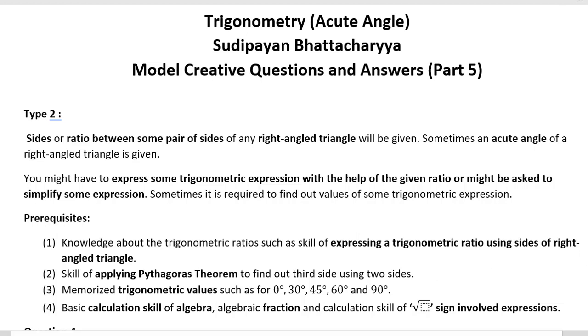You may have searched on YouTube for different techniques to remember these values. So you must know that sine 30 degree equal to half, cos 30 degree is equal to root 3 by 2, tan 45 degree equal to 1. Like this, you have to know all the values for these particular angles.